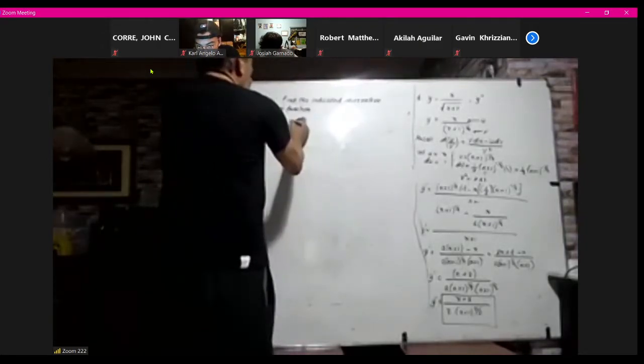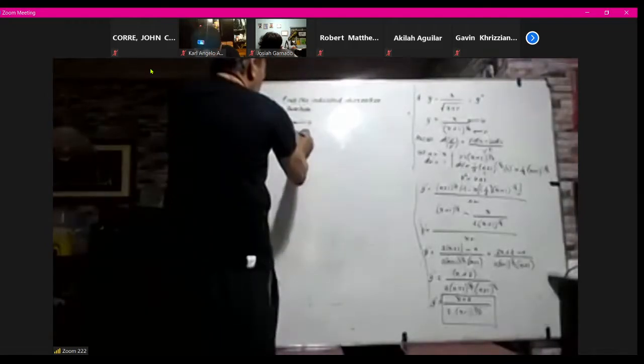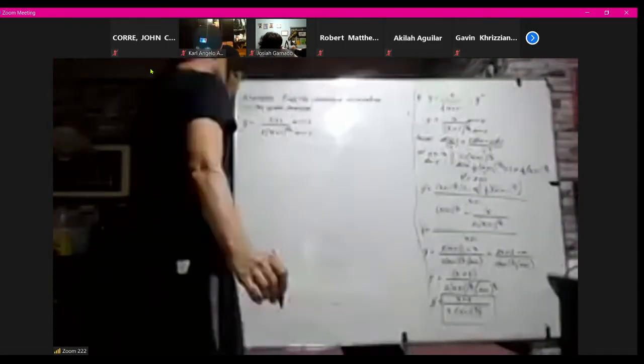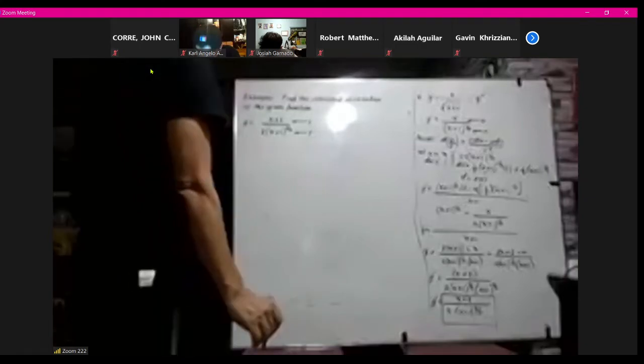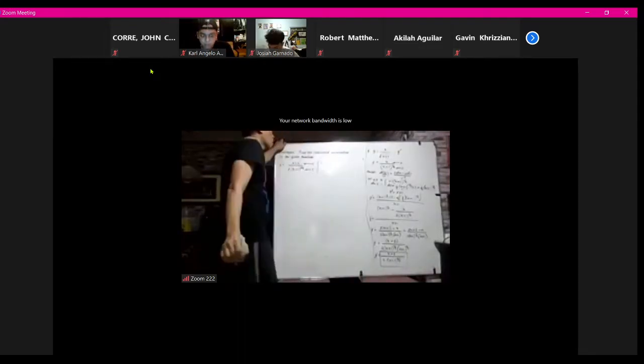Okay, so ito yung u natin. Ito naman yung v natin. Okay, so kunin natin. Let u equals x plus 2. Derivative of u equals 1. Kasi derivative of x is 1.